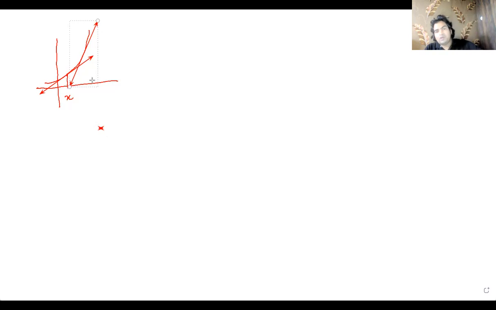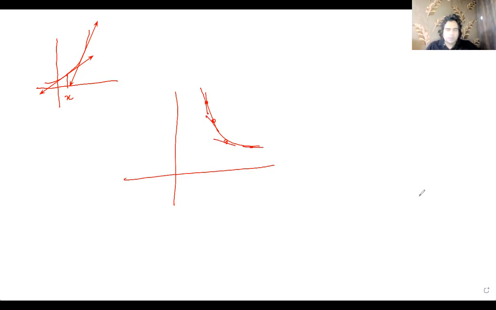But for any quadratic or any curve, you will have multiple slopes because at every point the slope is changing. So the basic idea of differentiation is the same concept, but for a curve.